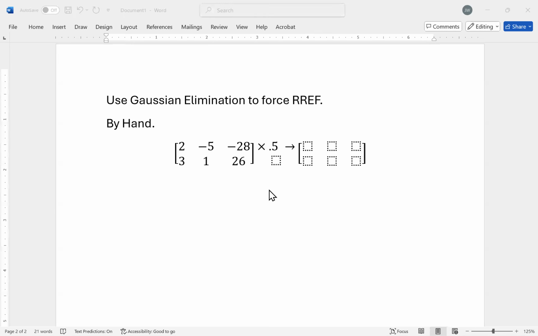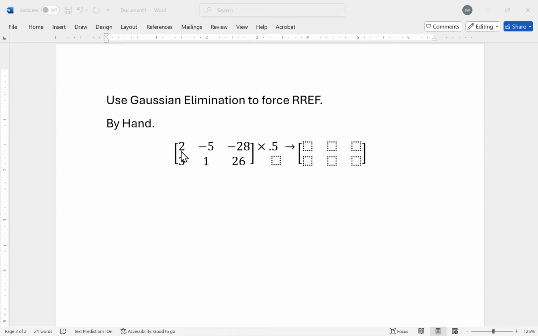If we're doing this by hand, one key thing is that the notation we use is a little bit tricky. There's different types of notations. A lot of times I just use arrow notation. I start by creating a pivot position in the upper left-hand spot where this 2 is.